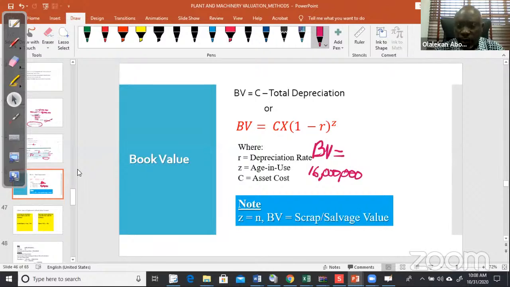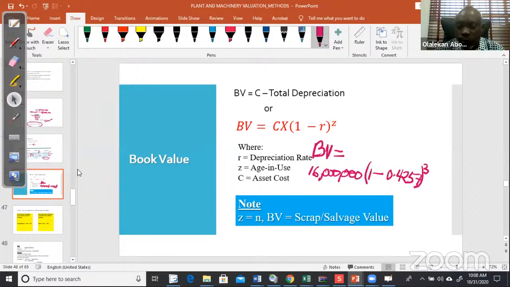16 million into 1 minus 0.4257, all raised to power, your Z will be 3. All raised to power 3.